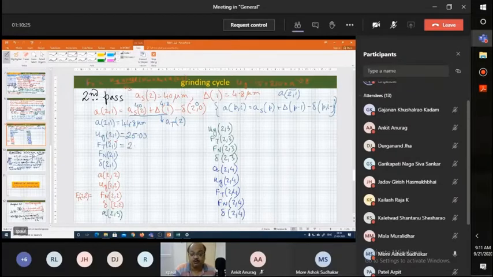So this number will come out to be 22.42. If this is 22.42, this is 2.5 times that. And as per the previously done calculation, it is 56.04.